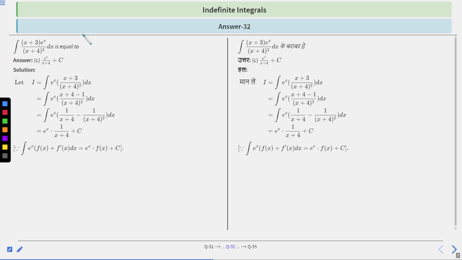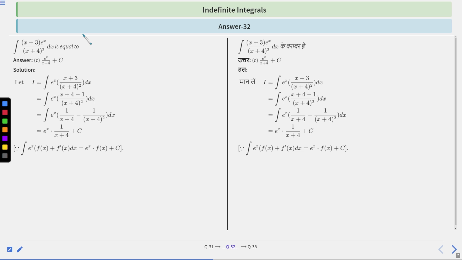So you have to learn how to analyze options with respect to questions, and how to analyze questions with respect to options. How to approach the question if you are given options, because if you see the options, you will see the pattern in which you have to proceed.